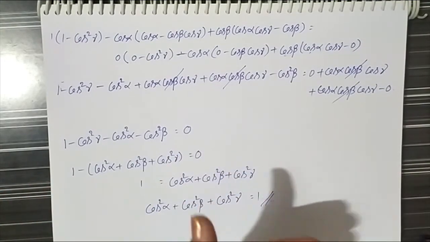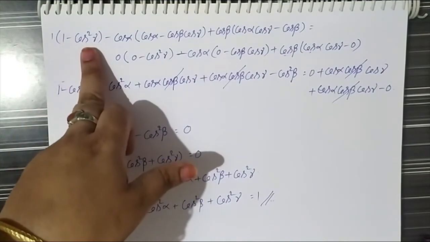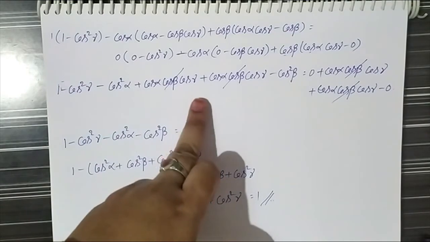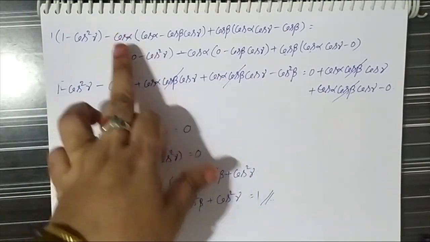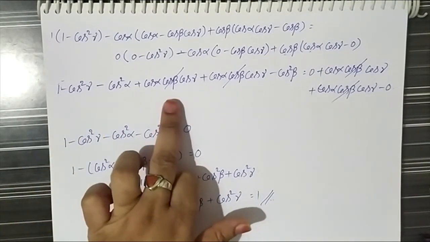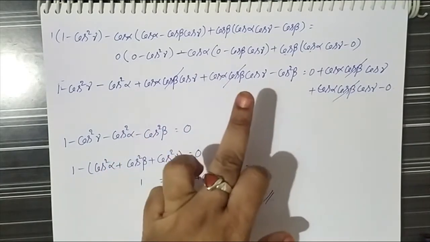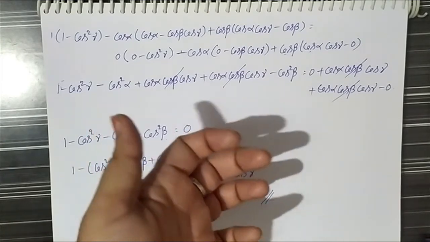Then we directly expand the determinants by using the determinant formula. After multiplying and simplifying the values, the cos alpha cos beta cos gamma terms will be cancelled on both sides, having the same values and the same signs.